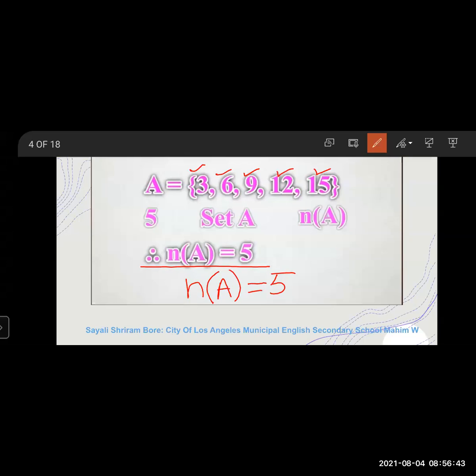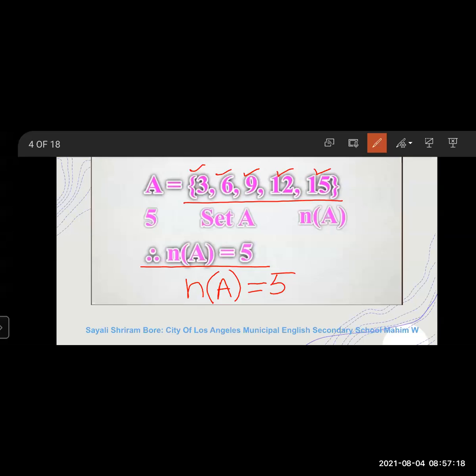Now one thing you can observe, students, is that whenever we want to write the number of elements present in any set, the set should be in the listing form. The set should be in the listing form. So in general, keep in mind that whatever you want to do on a particular set, whether you want to find the union, intersection, complement, anything, the first and foremost thing is that you have to check whether the set is in the listing form or not.